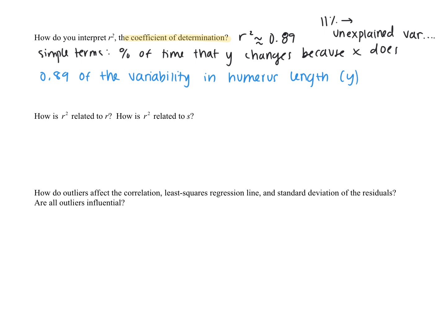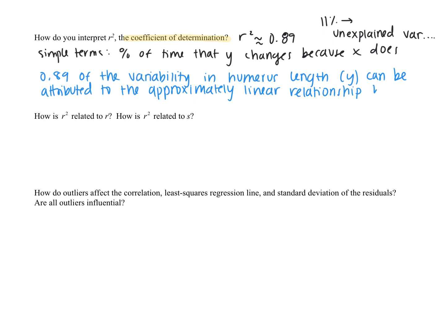You don't need to write that, but I'm just telling you humerus length is y. 0.89 of the variability in humerus length can be attributed to the approximately linear relationship between x and y. But we're going to put that in context. Between femur and humerus lengths.